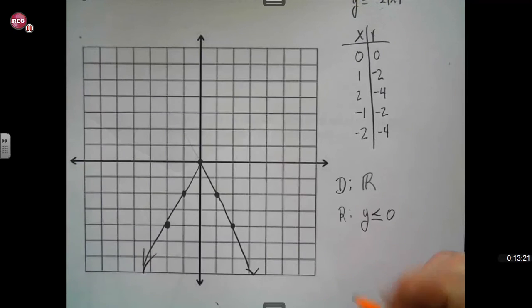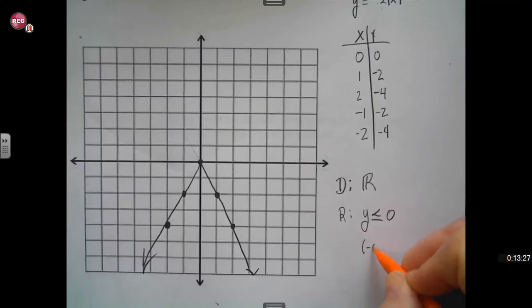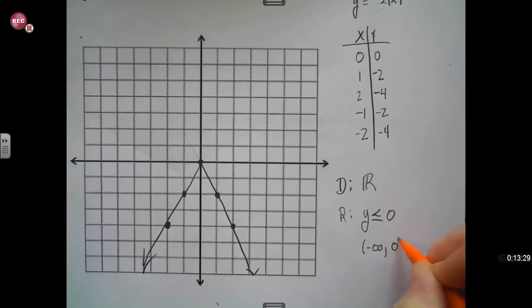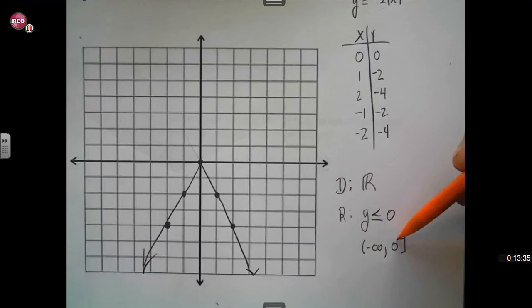And to put that in bracket notation, we would say that the range is from -infinity to 0. The 0 is included, so we put a bracket. And the reason we put -infinity to 0 is because usually when we write the range or the domain and it's in numbers like that, we write it from smaller to larger. Okay, so that's what we've done there.